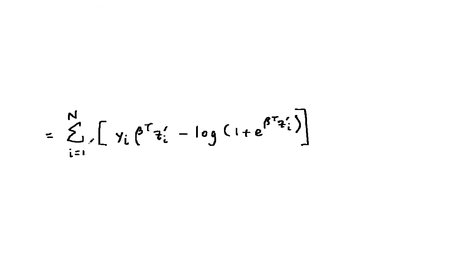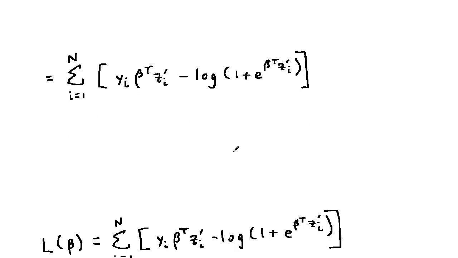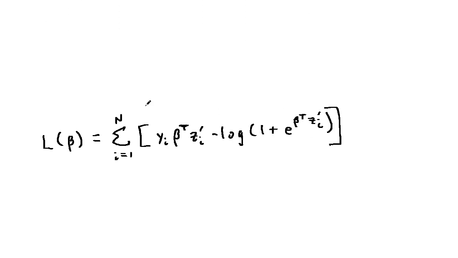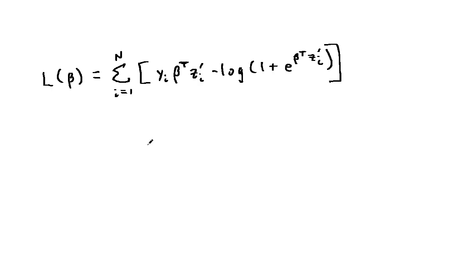So we get this here. Okay, so L of beta is given by the sum of all of this here. So we have a nice formula for the log likelihood function, L of beta. To maximize L of beta, we will use the multivariate Newton-Raphson method. Okay, let's look at how the method works, and we'll return to L of beta.